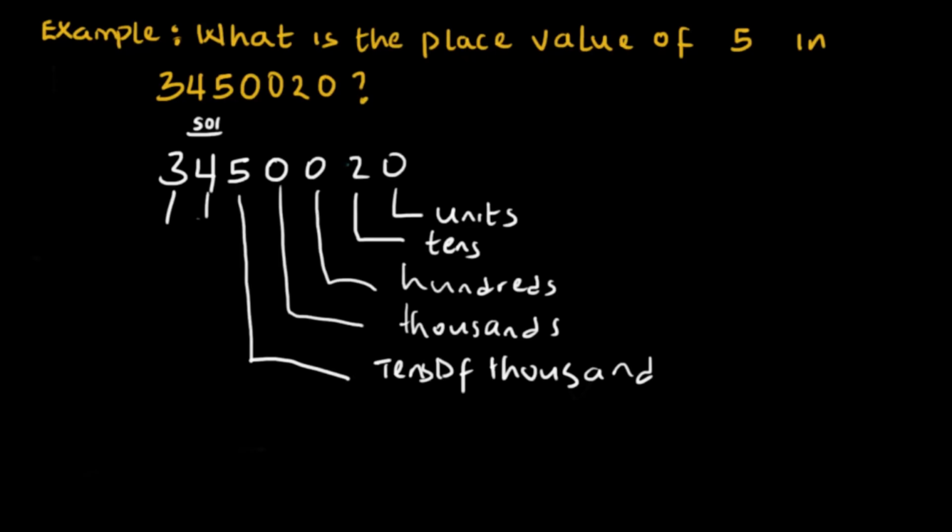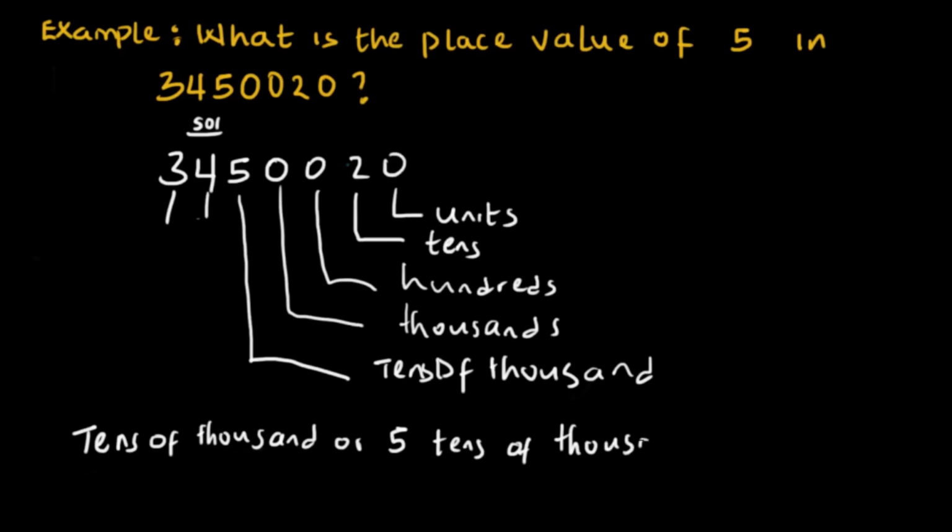Do you understand? So it means that our answer would be either tens of thousand, or we can also have 5 tens of thousand, or we can have 5, you write 5, and then turn the remaining digits after it to 0.